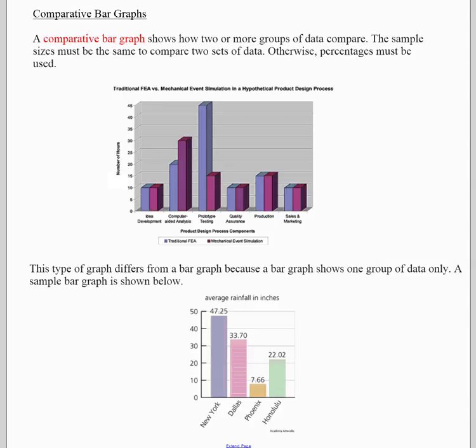One thing that is very, very important is that the sample sizes must be the same. For example, if one class has 20 girls and the same class has 20 boys, we can compare them. We can make some statements about who thinks what and why someone thinks more.